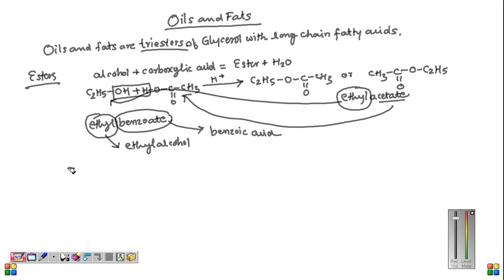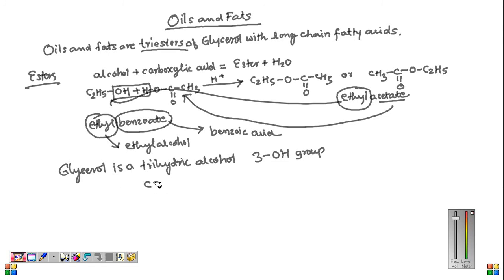Glycerol is a trihydric alcohol having 3 OH groups. Monohydric alcohol, dihydric alcohol, and trihydric alcohol.